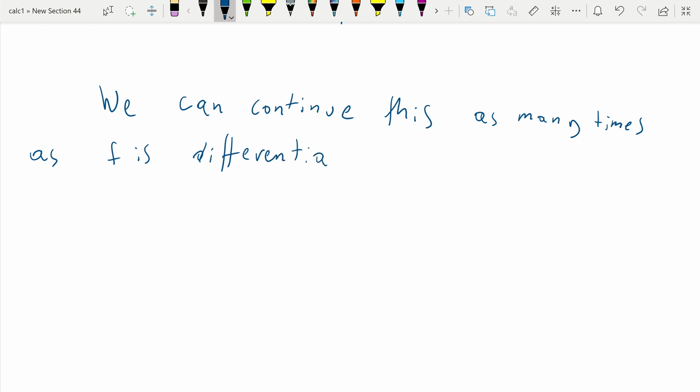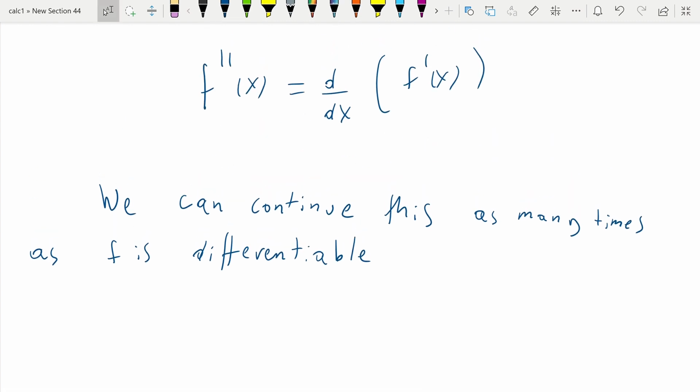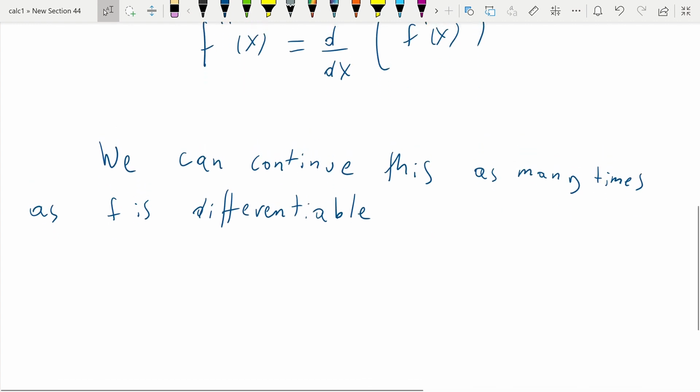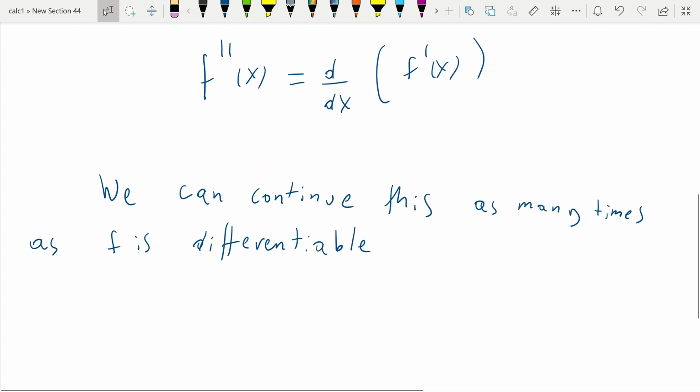I'm just saying the same thing using different terminology: we can continue computing derivatives as long as we can, as many times as f is differentiable. This is just a notation for the same thing.